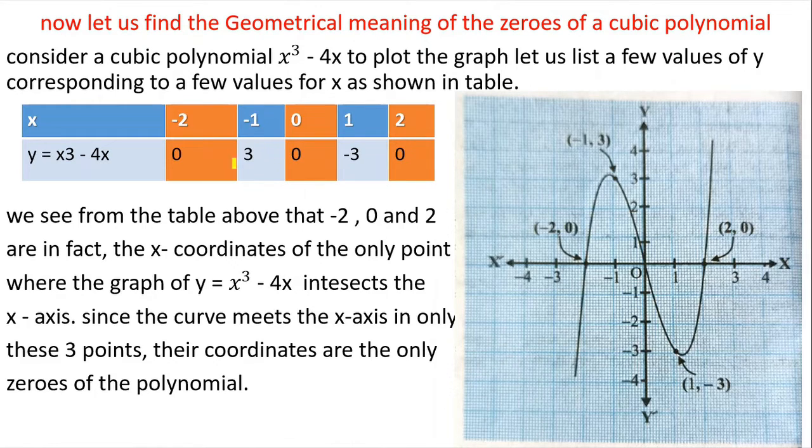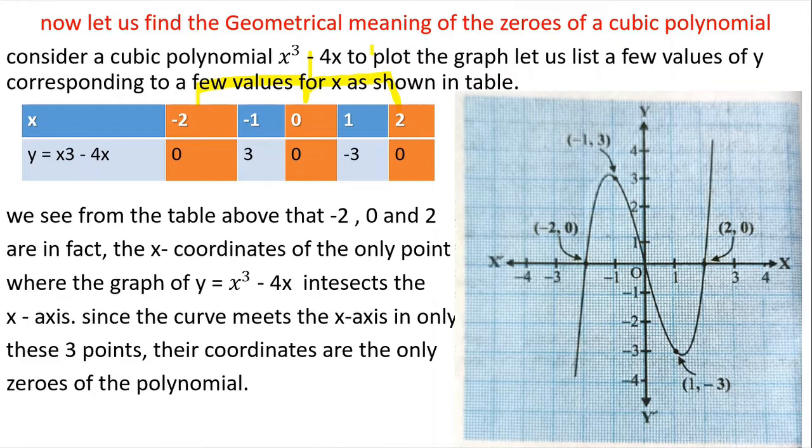So, from the table itself, we can clearly understand that for 3 values of x, that is minus 2, 0 and 2, we are getting 0 for y. That is, these 3 values minus 2, 0 and plus 2 are the zeros of the given cubic polynomial x cube minus 4x.